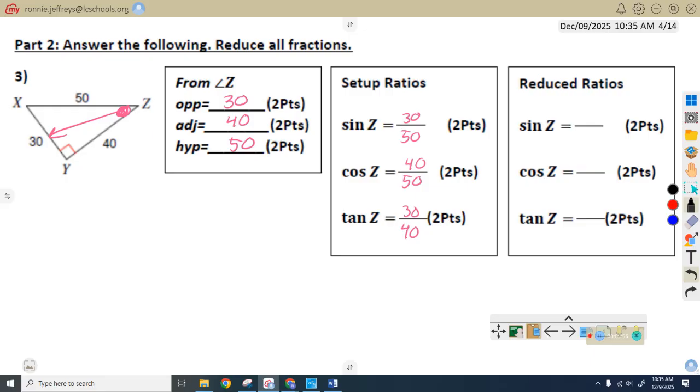Now it actually says reduced ratios. I can't remember which one of these that you have on your exam. I think it's either this or this. So this is 3 over 5, 4 over 5, and 3 over 4.